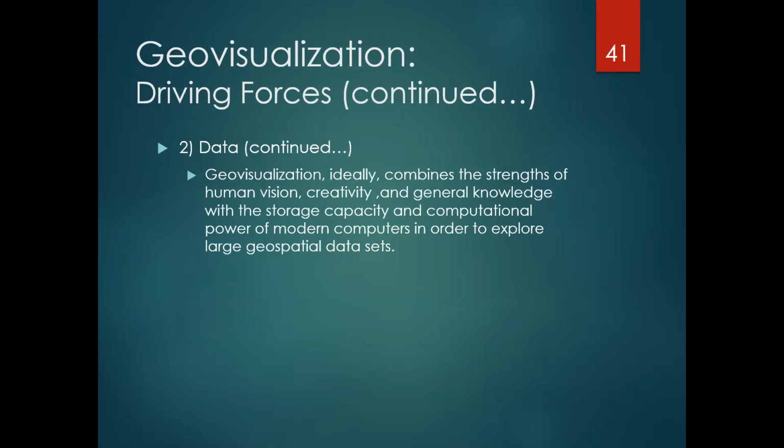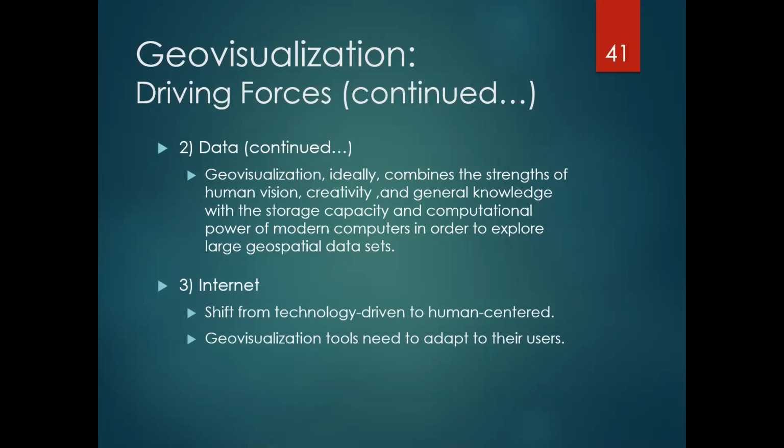Those are the advantages of human brains. With the storage capacity and the computational power of modern computers, those are the advantages of computers, right? In order to explore large geospatial data sets. So today, when we're dealing with data, we should combine the advantages of computers, PCs, and human brains.